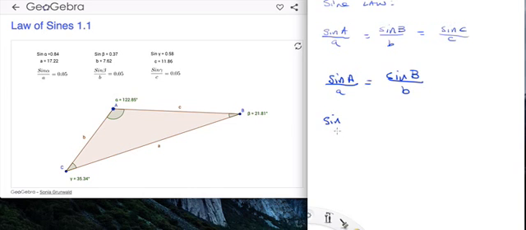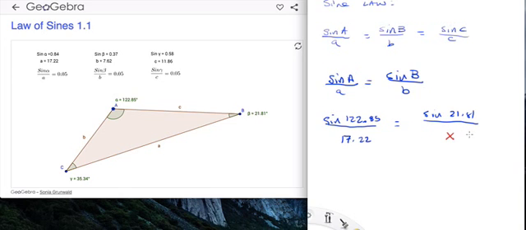So sine of angle A is 122.85 divided by 17.22 equals sine of angle B, which is 21.81, divided by the opposite side, some unknown value, which I'll call x.